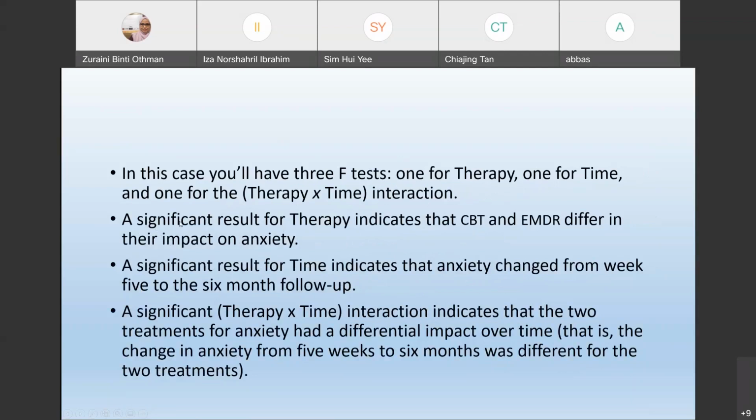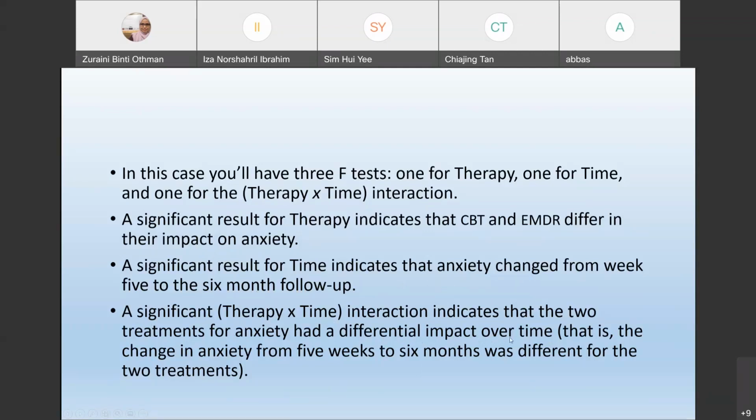Okay. Then a significant result for therapy indicates that CBT and EMDR differ in their impact on anxiety. A significant result for time indicates that anxiety changed from week 5 to the 6-month follow-up. And a significant therapy versus time, which is the interaction, indicates that the two treatments for anxiety had a differential impact over time.